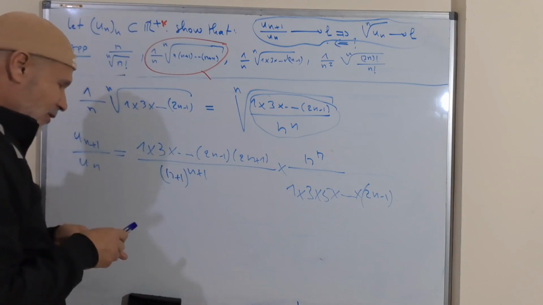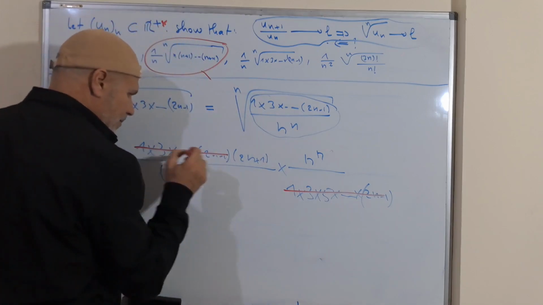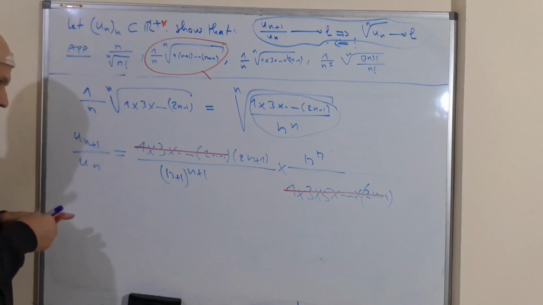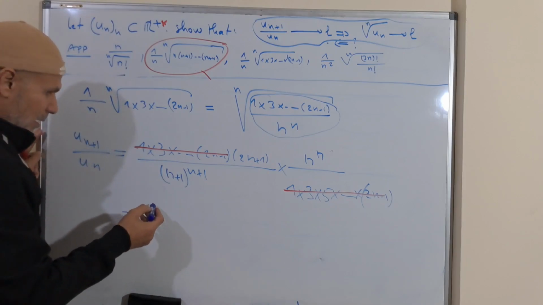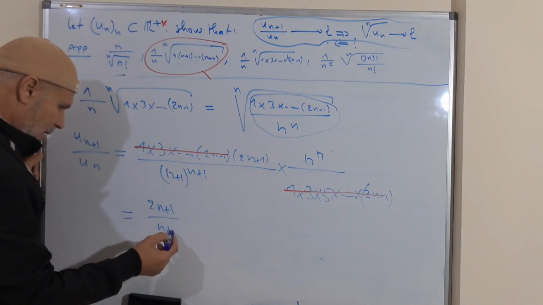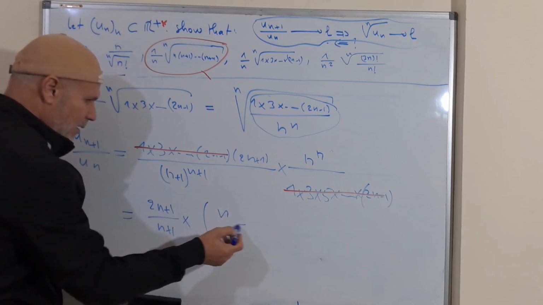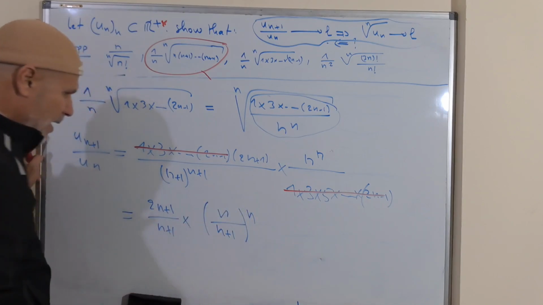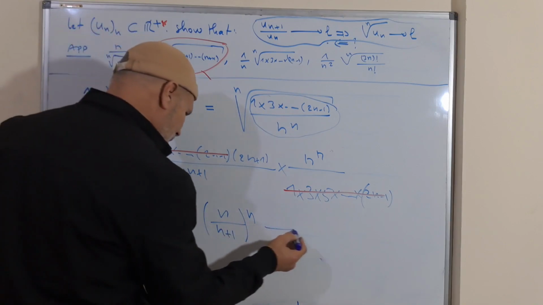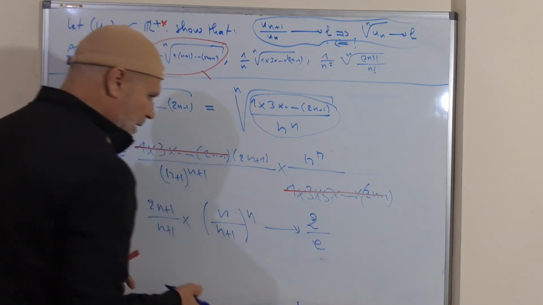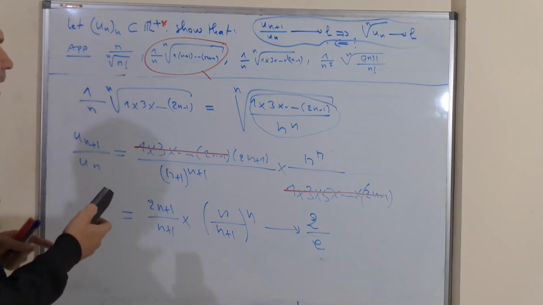We can cancel all these terms with all these terms, and we can write it under the form 2n plus 1 divided by n plus 1. We take 1 from here, so it's still n times n divided by n plus 1 power n. As we already did, this goes to 2 and this goes to exponential minus 1. So we have here 2 divided by e. This is the limit of this one. How about the last one?